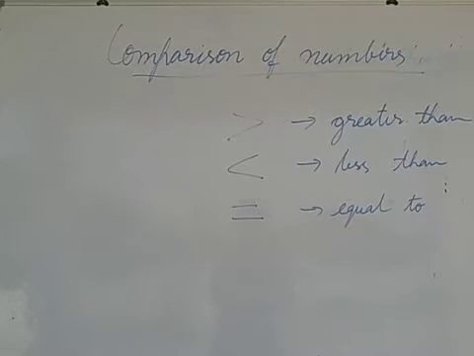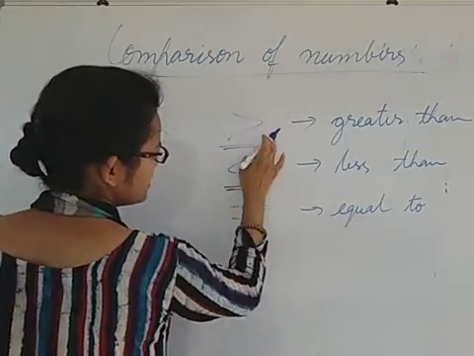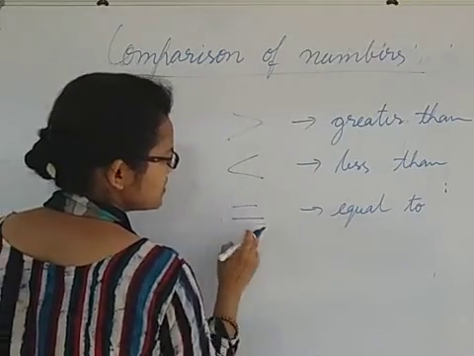Here you can see these symbols generally used to compare two numbers or more than two numbers. First one is greater than, this is less than, and this one is equals to.